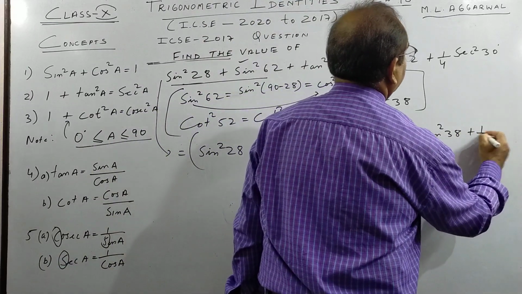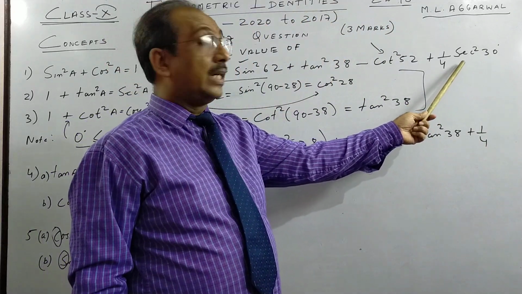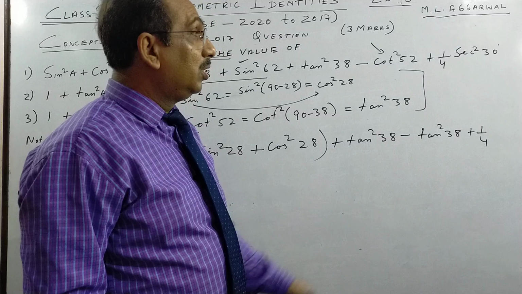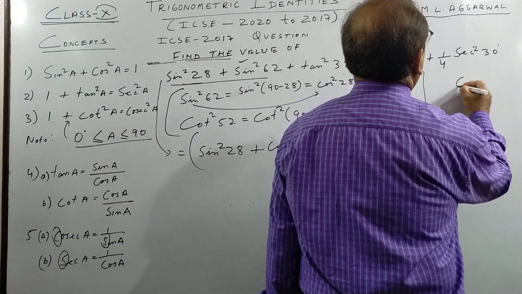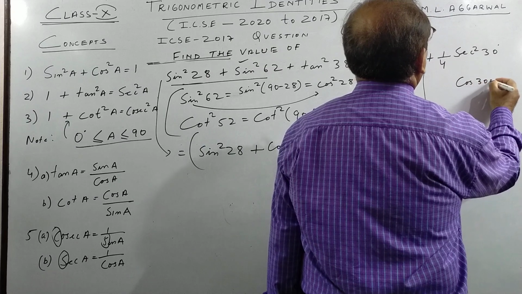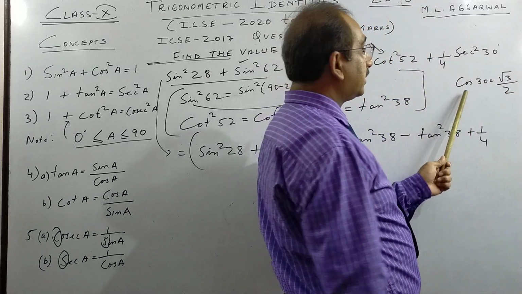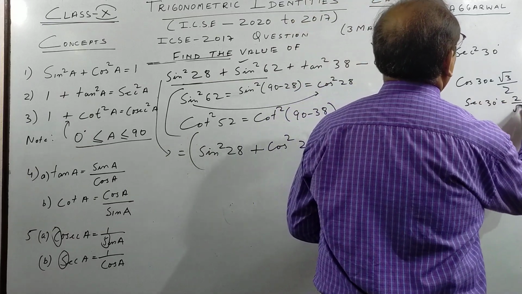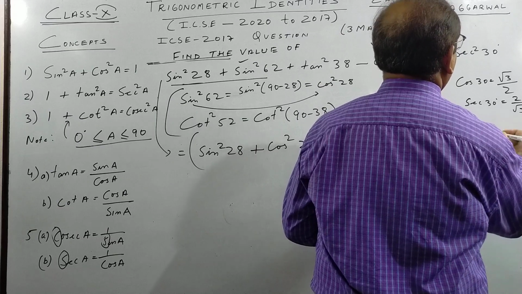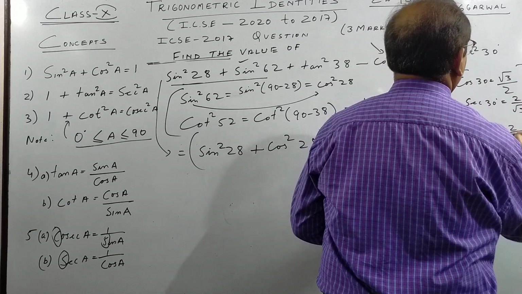And here, children, you have studied one more thing in class 9, that is standard angle. So sec square 30 is actually, if you know, cos 30 is root 3 by 2. Cos 30 is standard, so sec 30 will be 2 by root 3. So here I will have 2 by root 3 square.